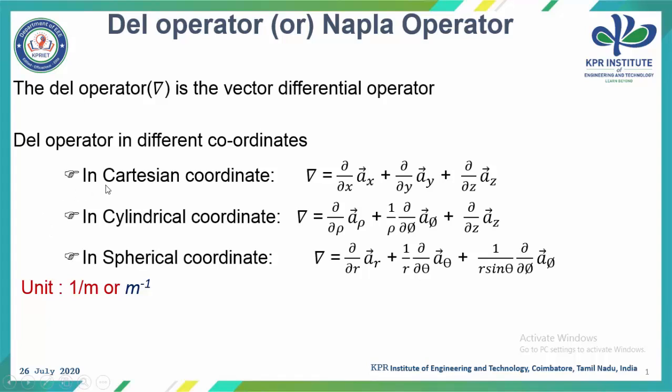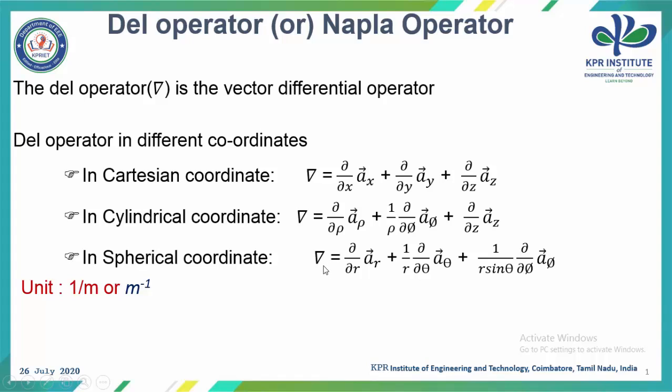In Cartesian coordinates, the del is dou by dou x into ax plus dou by dou y into ay plus dou by dou z into az. In cylindrical coordinates, the del is dou by dou rho into a rho plus 1 by rho into dou by dou phi into a phi plus dou by dou z into az.